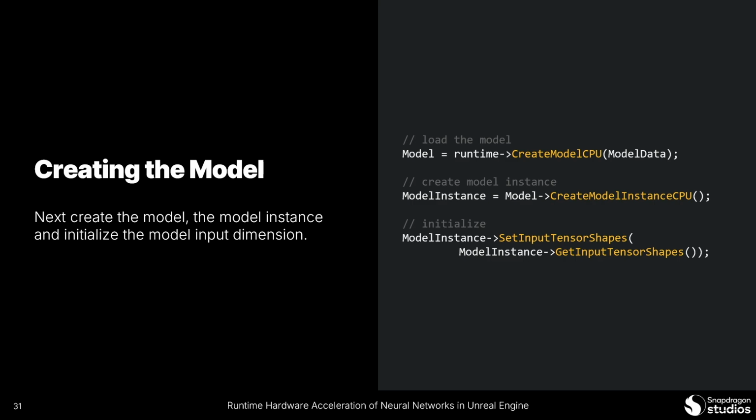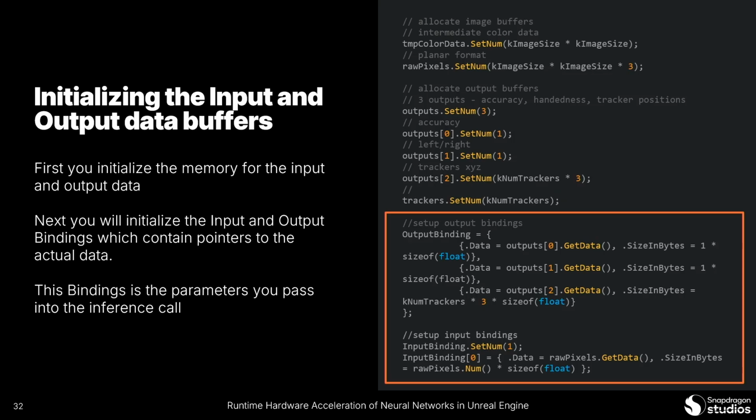Next, you need to set all the input and output buffers. To do so, the most important part I want you to notice here is the output bindings and input bindings. This is a struct that has pointers into the actual input memory area, which is the pixels I'm feeding, and the output memory area, which, since this model has 3 outputs, we have 3 arrays here to contain all the data from that model.